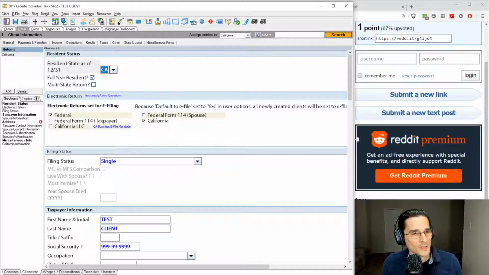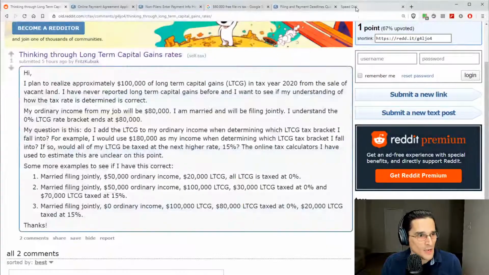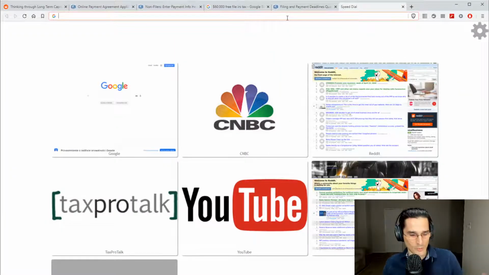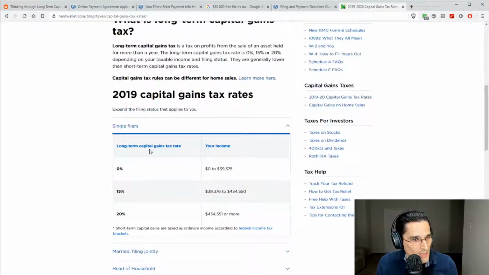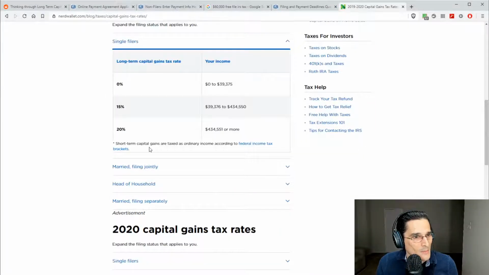So let's pull up, first of all, where all this comes from. If you're a layperson and you Google capital gains rates 2019 income tax, what have you, you're going to be confronted with these websites that give you the long-term capital gains rates. And this is where some would say misinformation comes from.